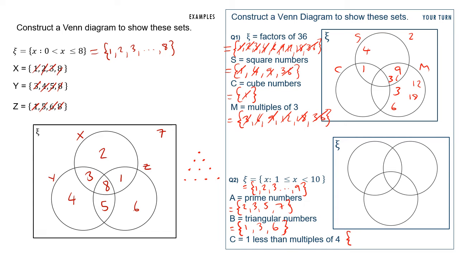Last one, set C, is 1 less than multiples of 4, so that'll be 3, 7, and that's all less than 10.